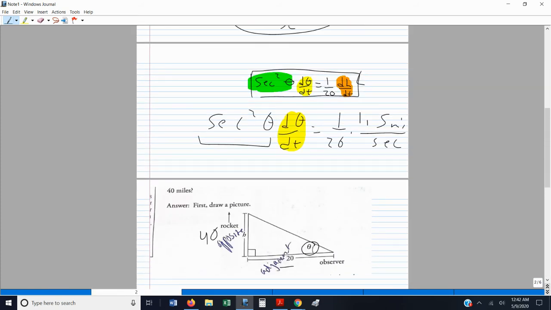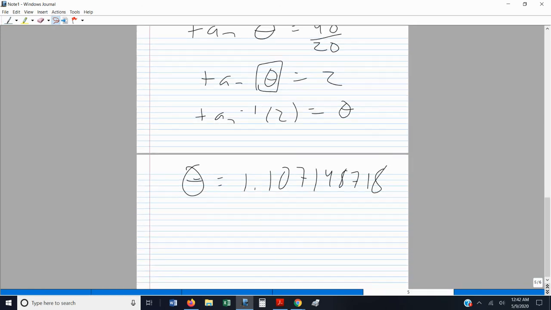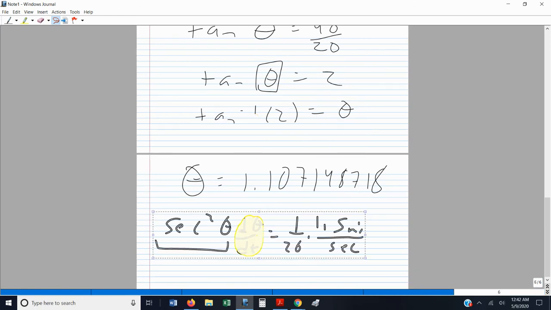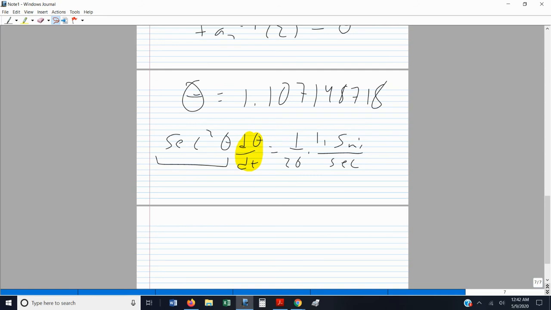And so basically I was able to take this, copy this and move it down. And now that I know the actual angle, then I could just plug it in. So secant squared of theta, which we just figured out, 1.107148718, times d theta dt, and then let's do 1.5 divided by 20.